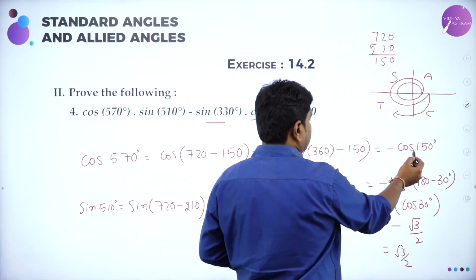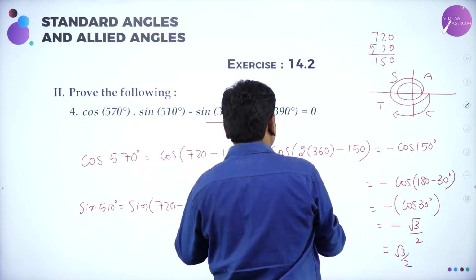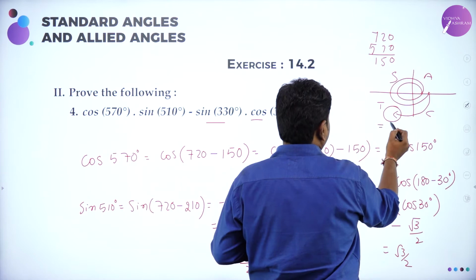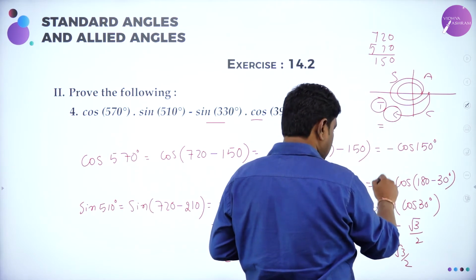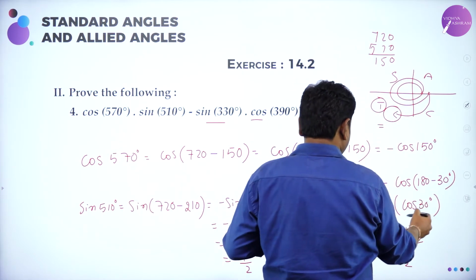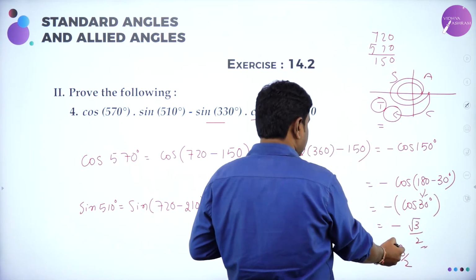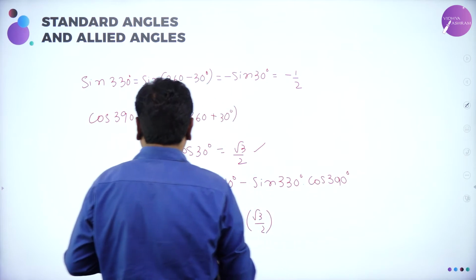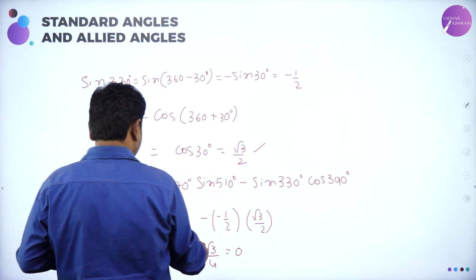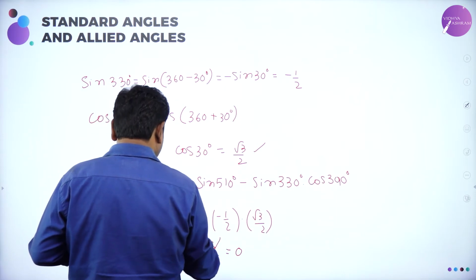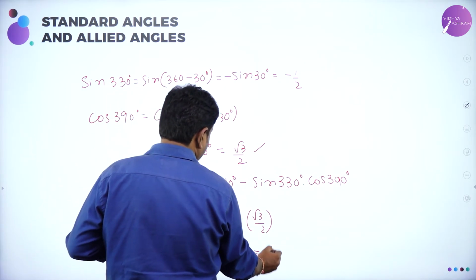The overall angle, 720 minus 150, means after 720 we come back here. So the angle is in the third quadrant, so the overall answer has to be negative. We use the allied angle to convert it, and it will be minus root 3 by 2. Minus of minus is plus, so minus root 3 by 4 plus root 3 by 4 cancels, and it will be 0. 0 is your RHS.